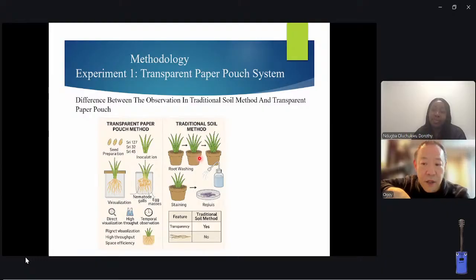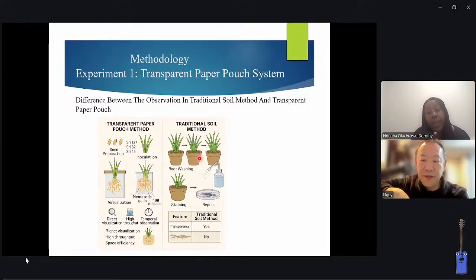I understand. So you are recommending to use that transparent paper pouch for future research, right? Yes. Why I'm recommending the transparent paper pouch is that it saves time, it's faster.